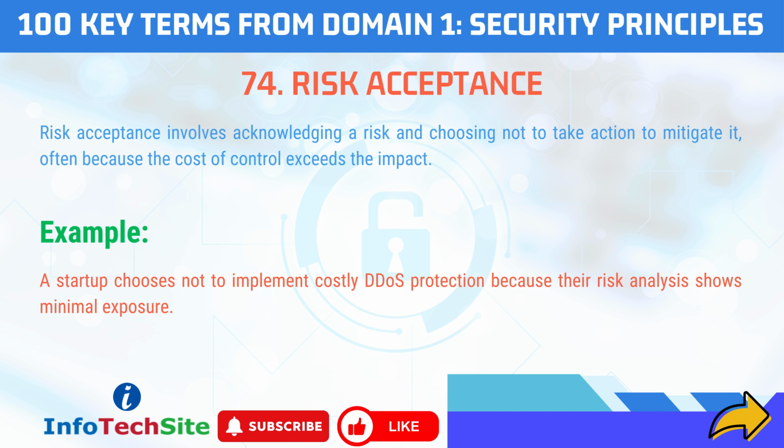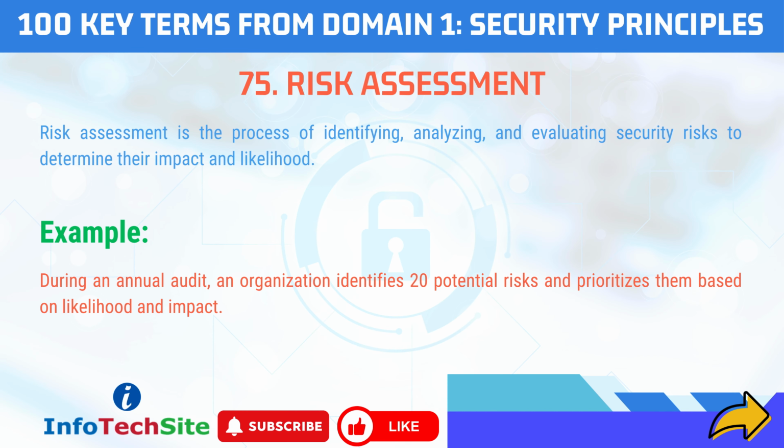74. Risk acceptance. Risk acceptance involves acknowledging a risk and choosing not to take action to mitigate it, often because the cost of control exceeds the impact. Here is an example. A startup chooses not to implement costly DDoS protection because their risk analysis shows minimal exposure. 75. Risk assessment.